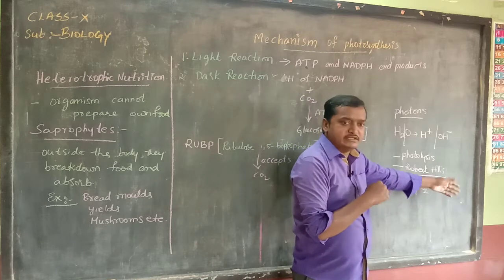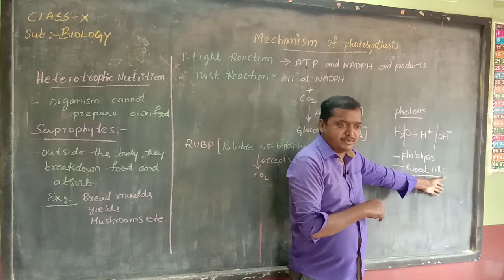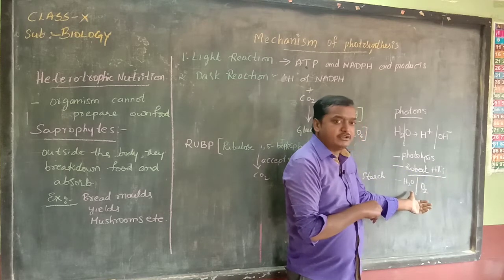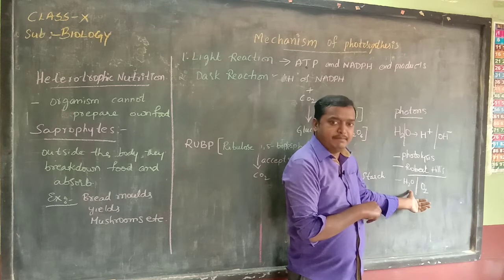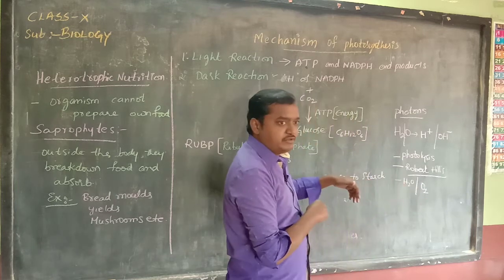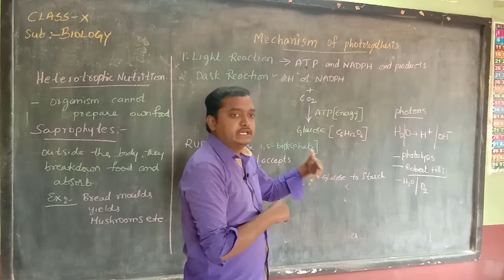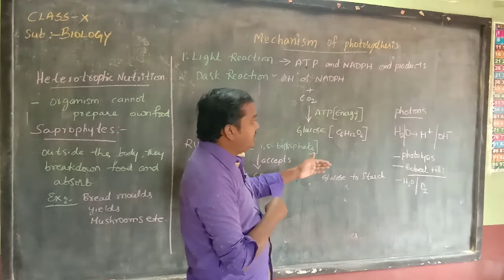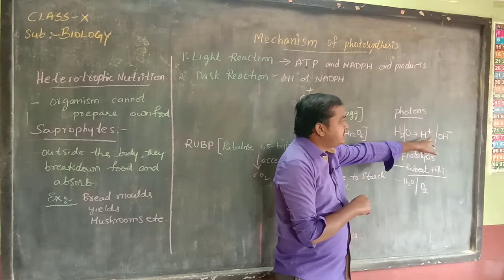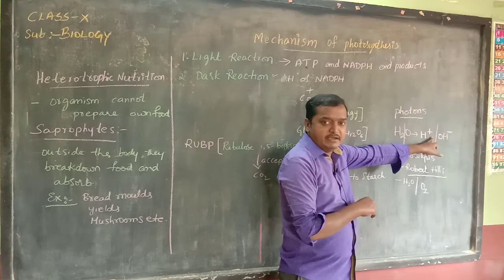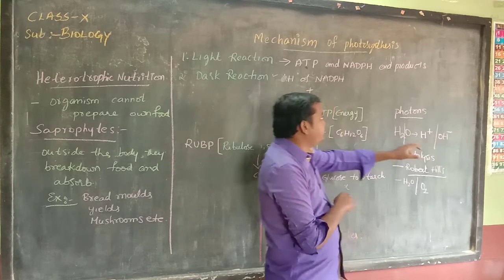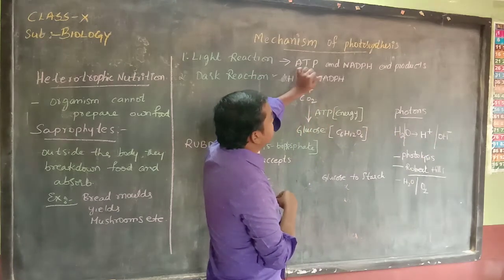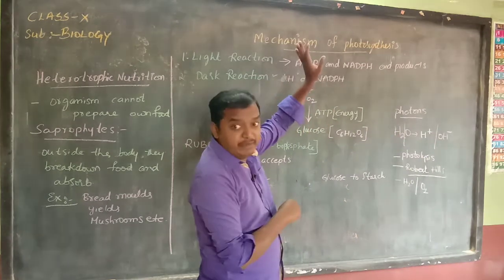Oxygen is released into the atmosphere and water is utilized by the plants. Some of it is utilized, some of it is lost as the plant undergoes transpiration. But the H plus ions remain, and they will be joining to the ADP.